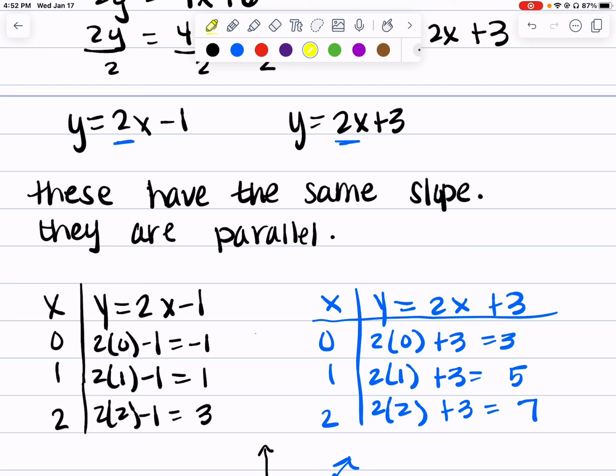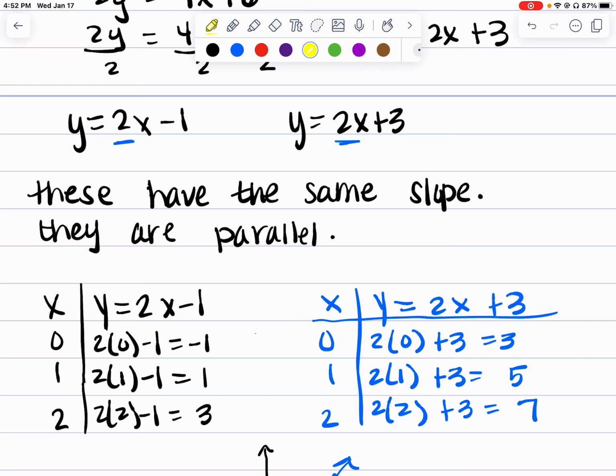Whenever you get the equation of a line, the equation of the line is in the form y equals mx plus b. The m is our slope. Okay, so I plugged in some numbers so that we can graph.